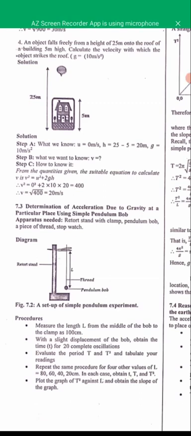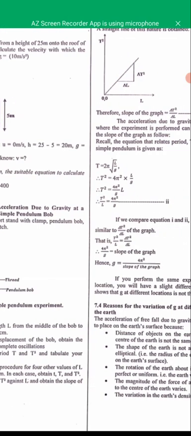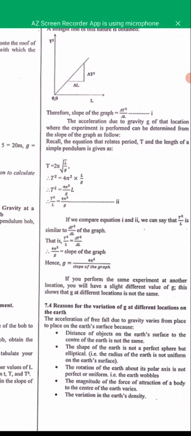Alright, let's quickly look at an experiment to determine the value of acceleration due to gravity. From the experiment, there's a formula derived, and the formula is g equal to 4 pi square over the slope of the graph. Here the formula is in equation 2: t square over l equal to 4 pi square over g.